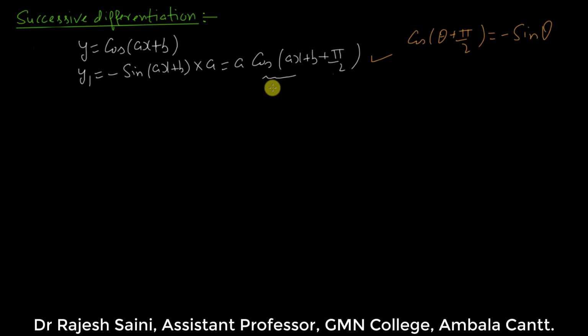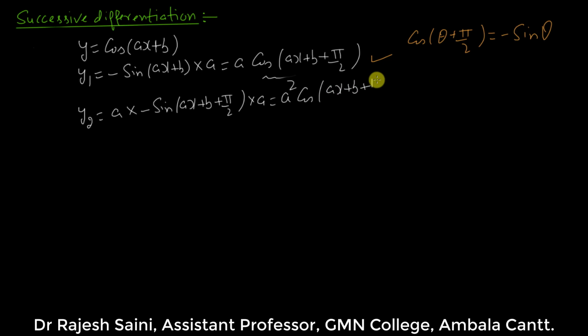Now differentiate this both sides with respect to x. It will be y2 is equal to a, and this will be minus sine ax plus b plus pi by 2 into a. This is equal to a square cos ax plus b plus pi by 2 plus pi by 2.